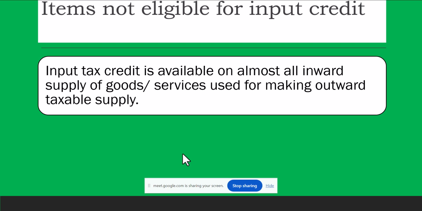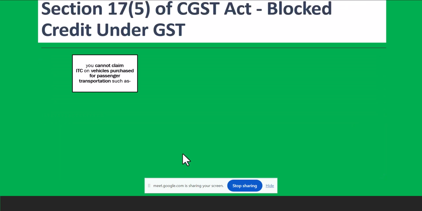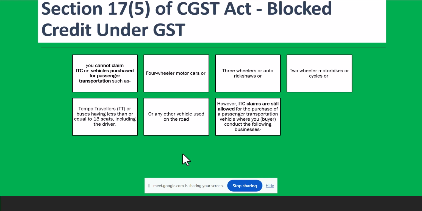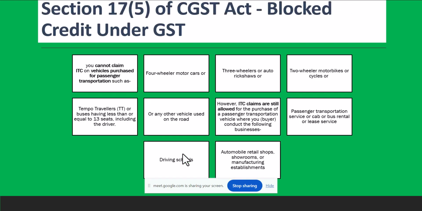ITC is available on almost all inward supply of goods and services used for making outward taxable supply. However, a negative list of a few items is given by Section 17(5). The negative list is given below. You cannot claim ITC on vehicles purchased for passenger transportation, such as four-wheeler motor cars, three-wheelers, two-wheeler motorbikes, tempo travellers having seats less than 13, or any other vehicles used on the road.